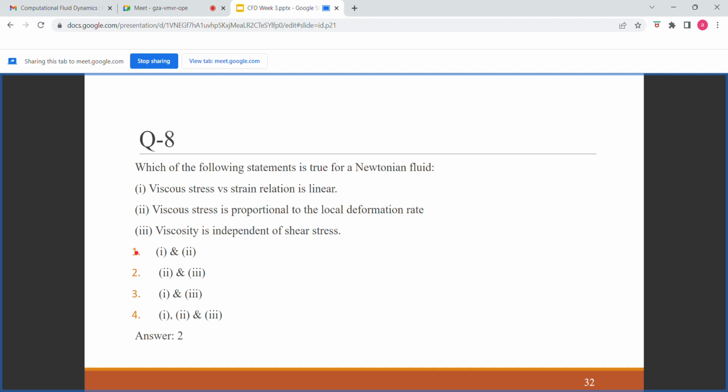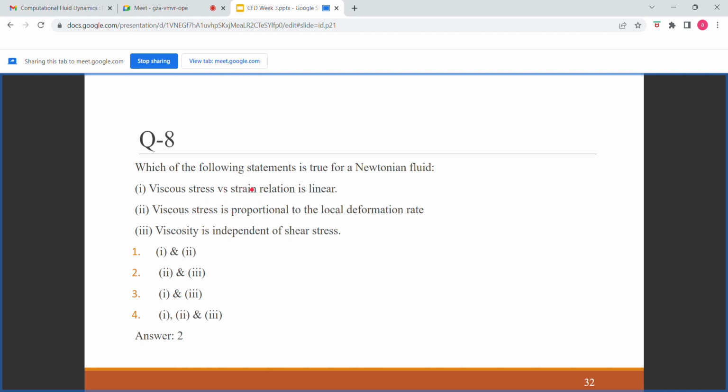In question 8, it was about Newtonian fluid. Newtonian fluids obey Newton's law of viscosity, which states that the viscous stress is directly proportional to the local deformation rate or strain rate. Viscosity for Newtonian fluids would be constant. Three options were given. Viscous stress versus strain relation is not linear.